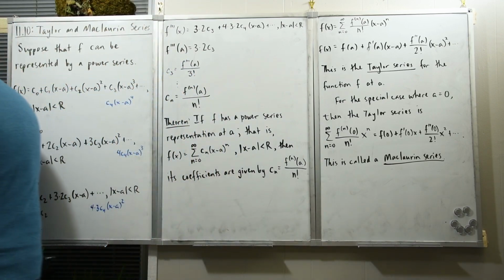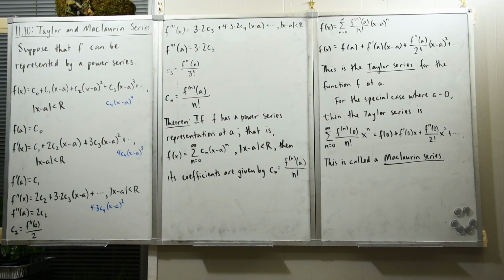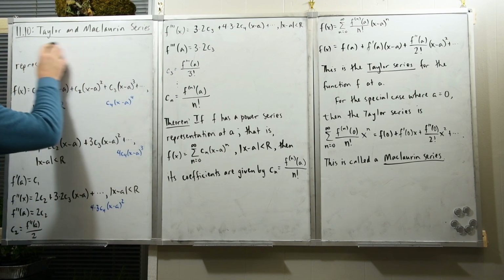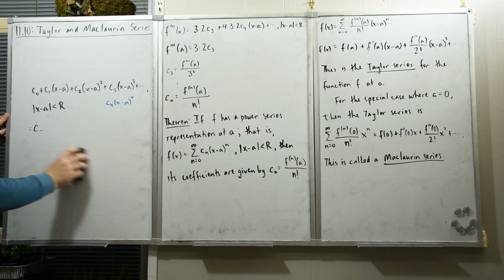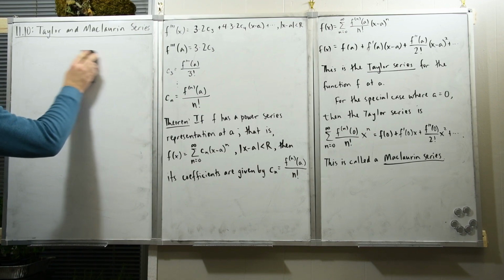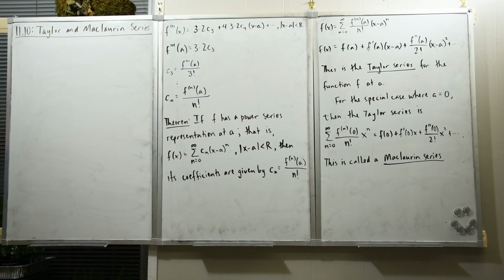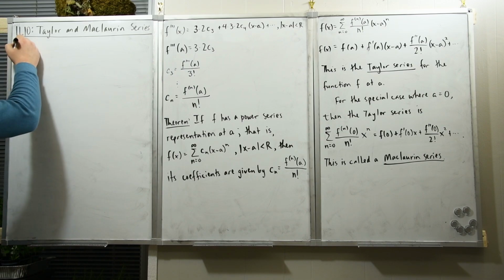So let's take a look at how we can get Taylor and Maclaurin series for different functions. And so to do that, we're going to make a little bit of room. And then here we're going to be saying, let's find the Maclaurin series of the function.